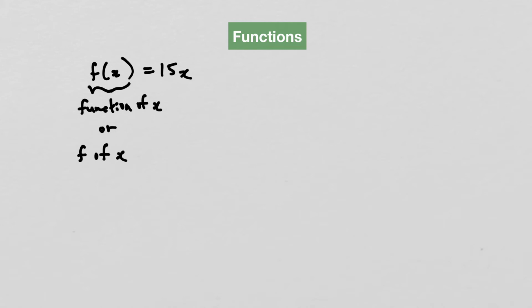This is the equivalent of saying, I'm going to just draw it over here to the right, y equals 15x, okay? But we're replacing y with the notation f of x, okay? The reason that we're doing that is because they're trying to describe for all values of x in this function, what is the value of y?